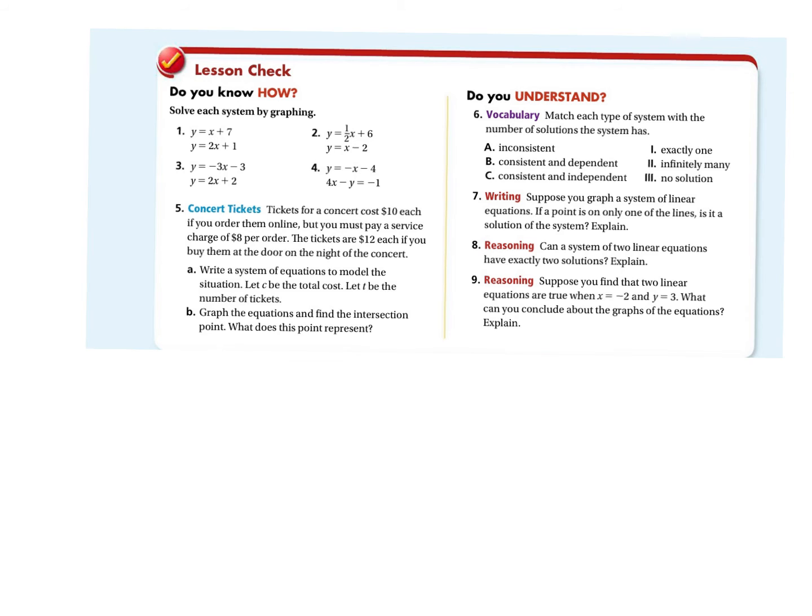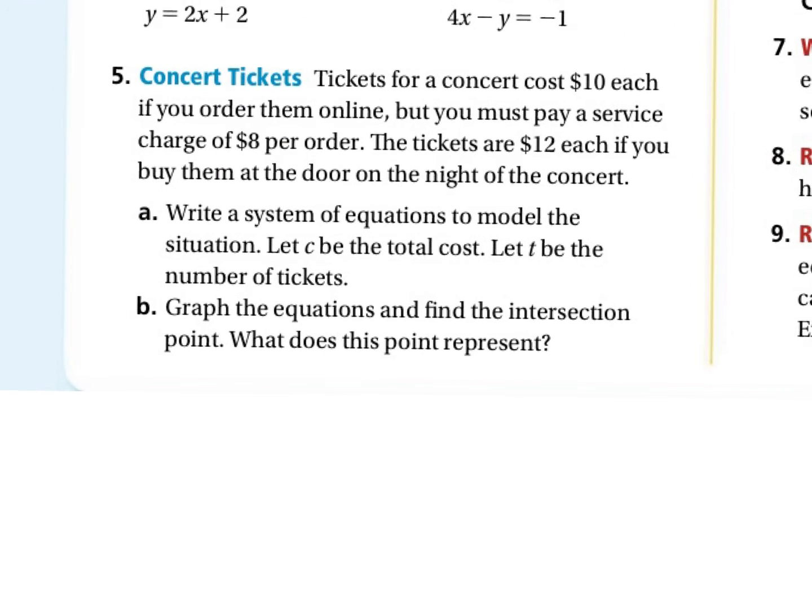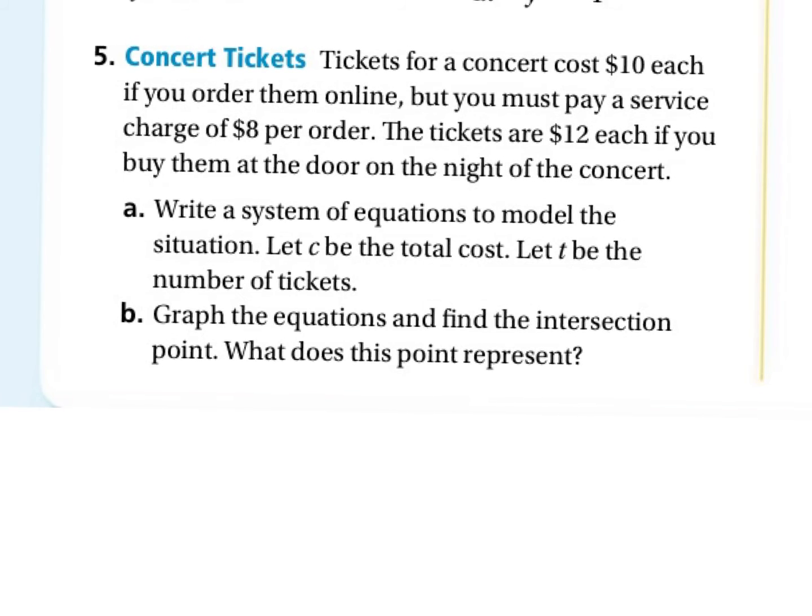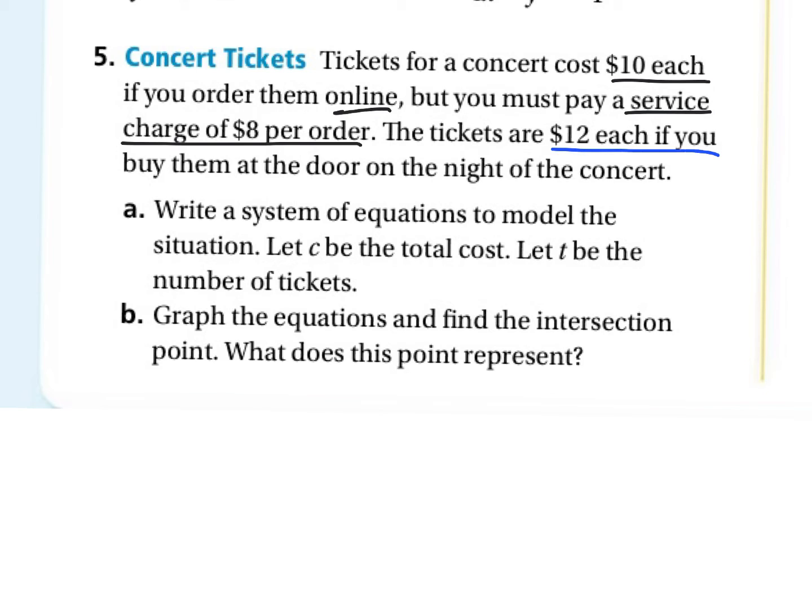So if we look at lesson check number 5, we have some concert tickets here. There are different options if we pay online or not. It's $10 each online, but you have a service fee of $8 per order. The other option is $12 each if you buy them at the door, and presumably then no service charge.